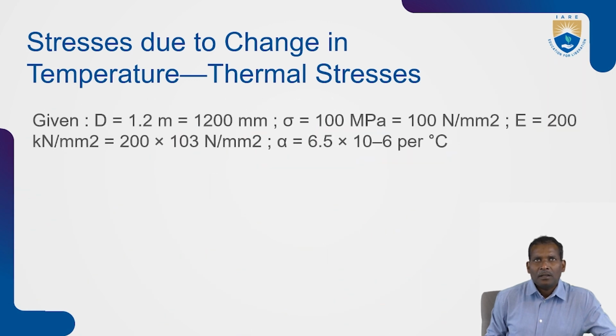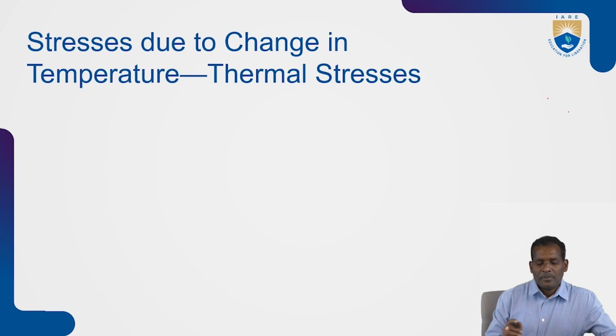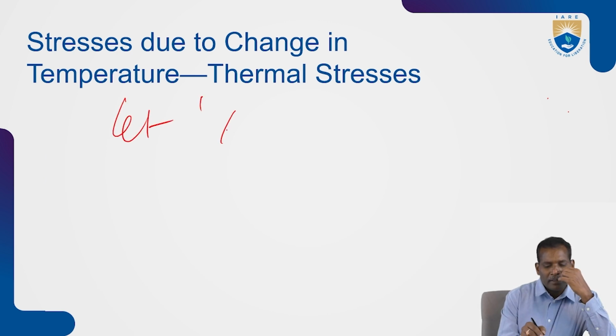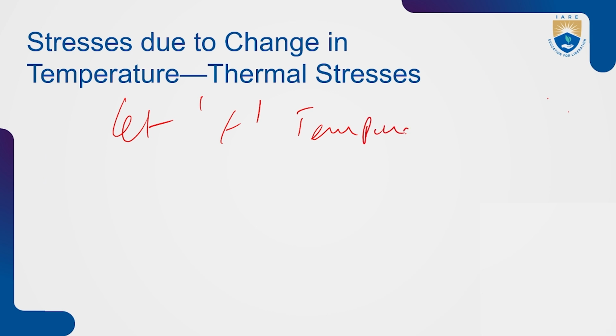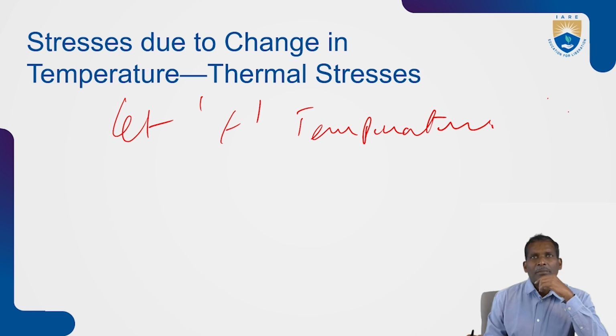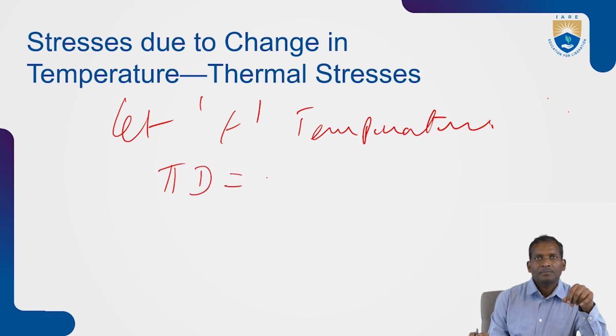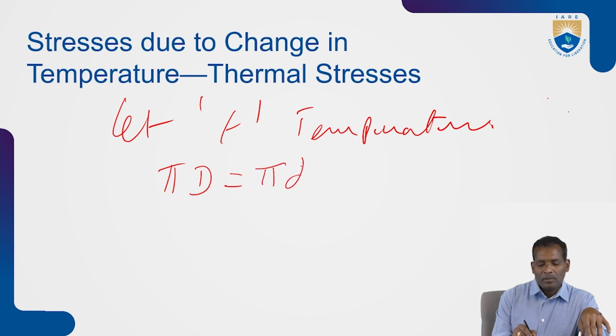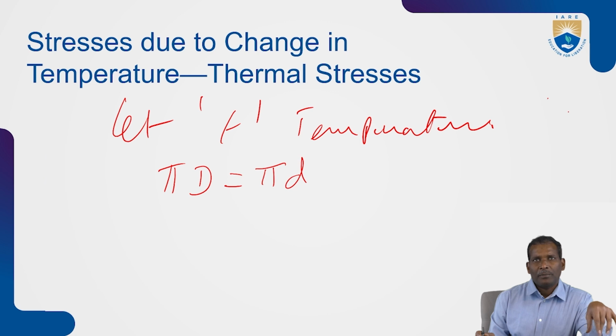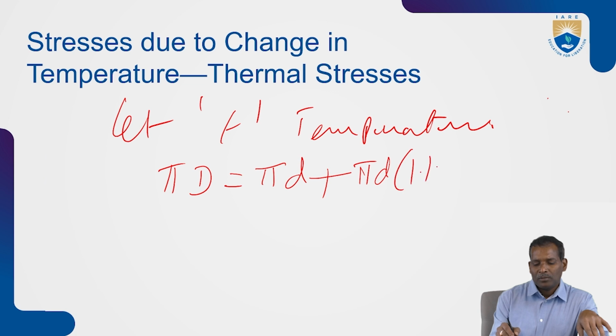Here, let T be the temperature. So the given wheel perimeter is 2 pi r, so apply that formula here, that is pi D is equal to the outer perimeter, equal to inner pi d plus pi d into 1 plus alpha t.